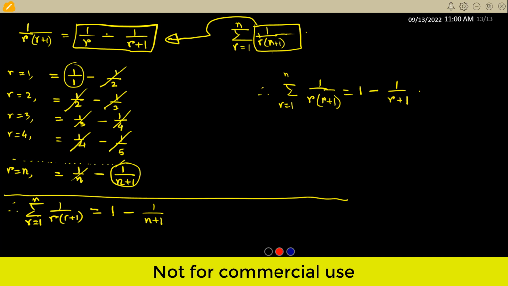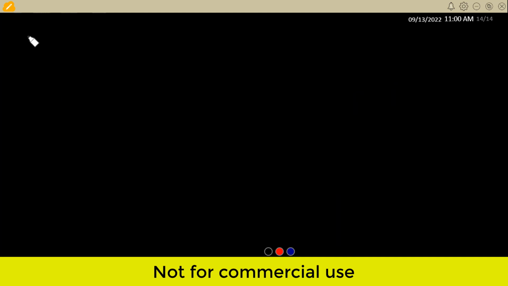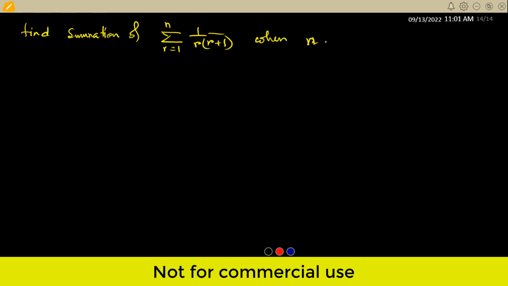Now, if the next part of the question is: find the summation of r equals 1 to n of 1 by r into (r plus 1), when n approaches infinity.